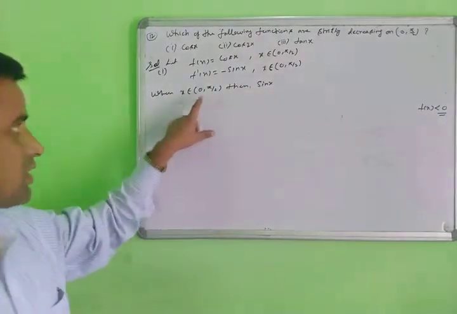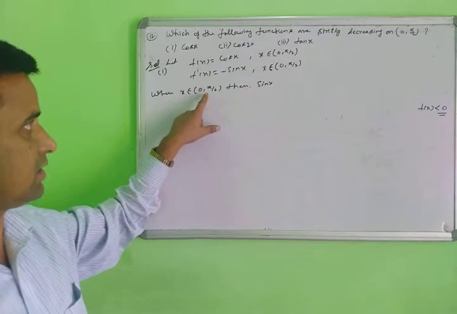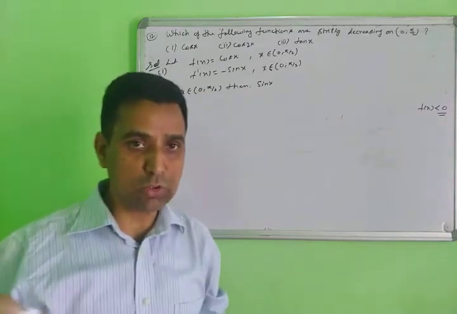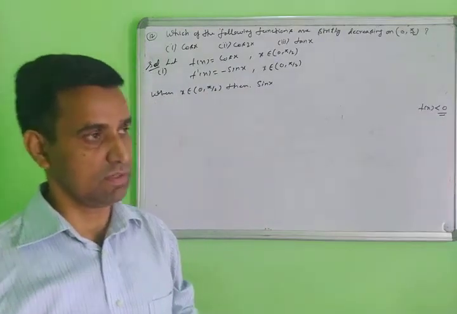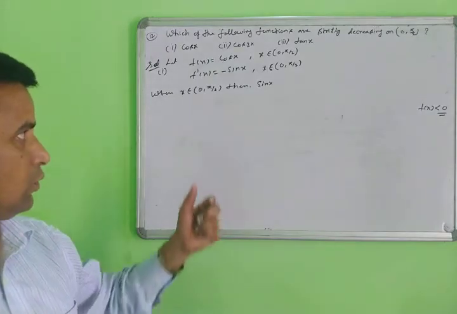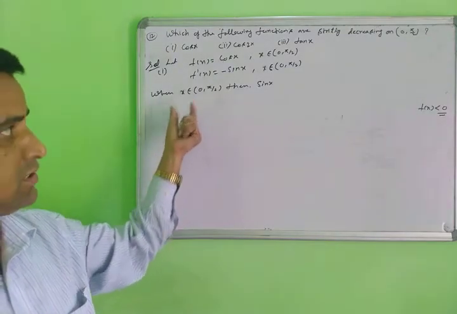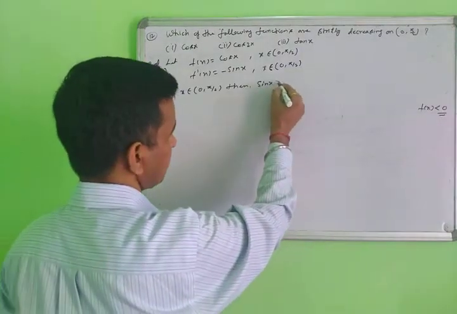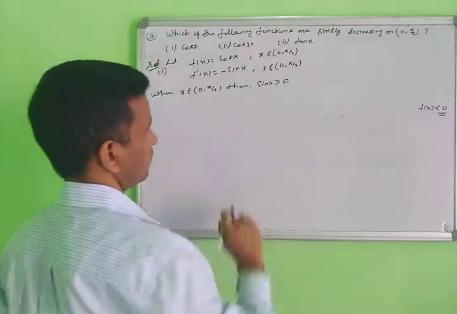This is the first quadrant. 0 to pi by 2 means the first quadrant, and every trigonometrical ratio in the first quadrant is positive: sin, cos, tan, cosec, sec, cot. So sin x is greater than 0.